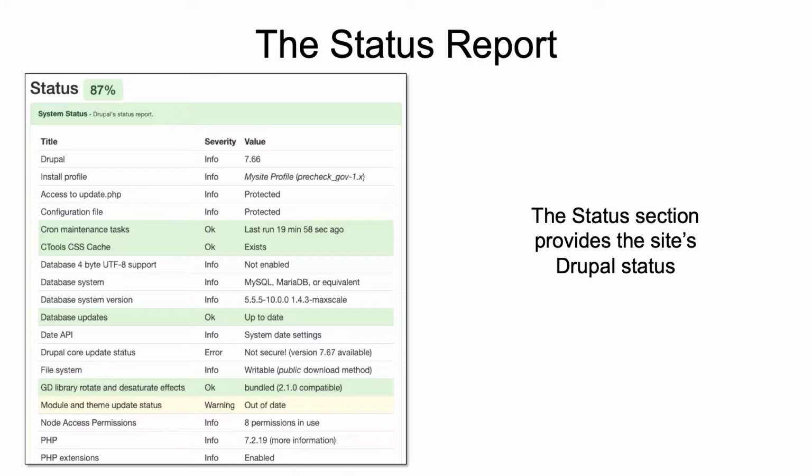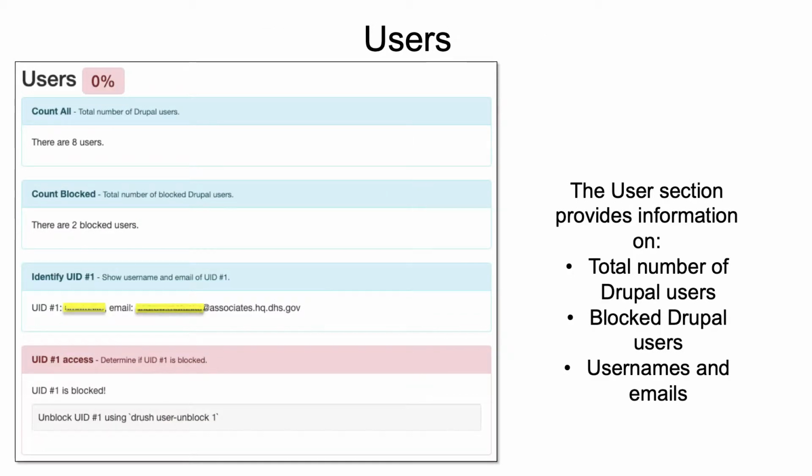The status section shows us Drupal's standard status report for the site. And the user section shows information about the site users. We can see there's a total of 8 users, 2 of them are blocked. We can see the information for the username and password for user ID number 1 and whether or not user ID number 1 is blocked.